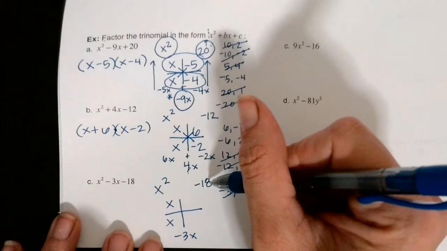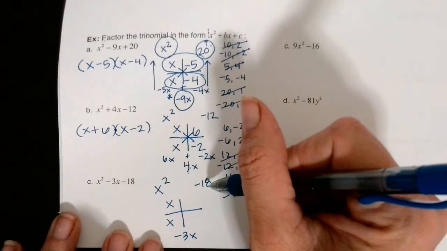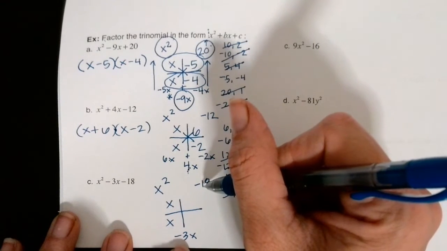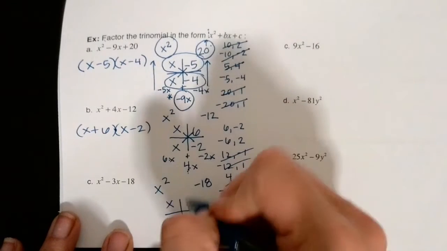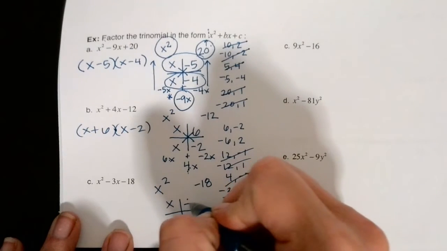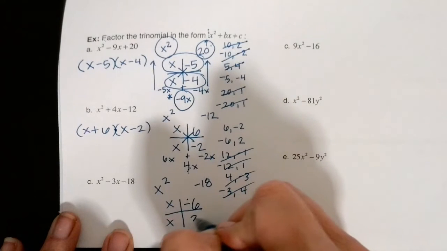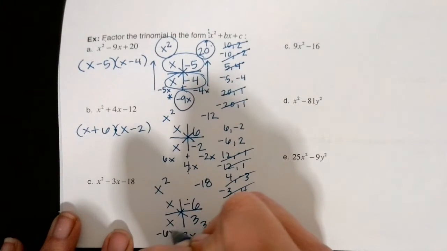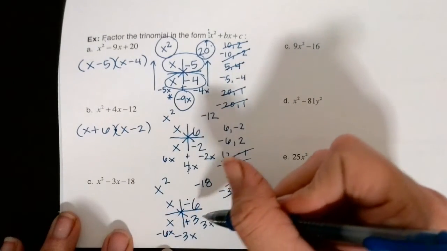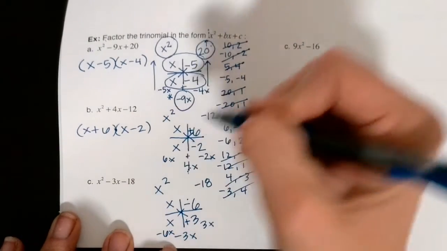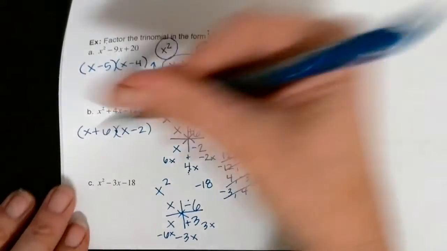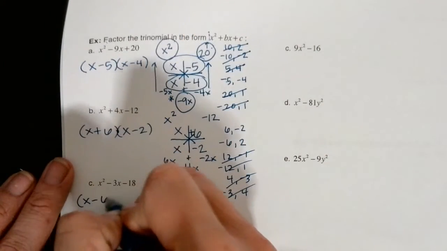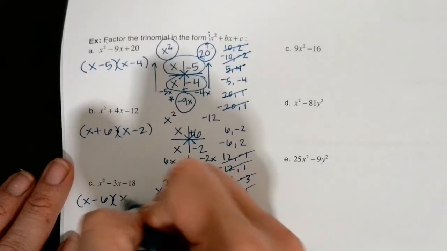So I have 9 and 2, so if I do 9 and negative 2, that's not going to make 3. 18 and 1, 18 and negative 1 is not going to make 3. But I'm actually going to pick negative 6 and positive 3. So you can even put a positive there, so like I could go back to these and put that positive 6 just to help you with writing your factors. It's going to be x minus 6 times x plus 3.